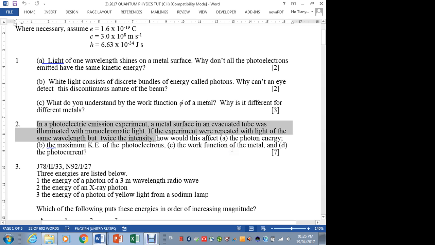So if your incoming photon energy is the same, the amount of energy you put into the metal is the same. What can you say about the maximum speed of electrons? It will be the same, from Einstein's photoelectric effect equation. So the only thing that changes will be part D. Okay, so let's look at the answer.